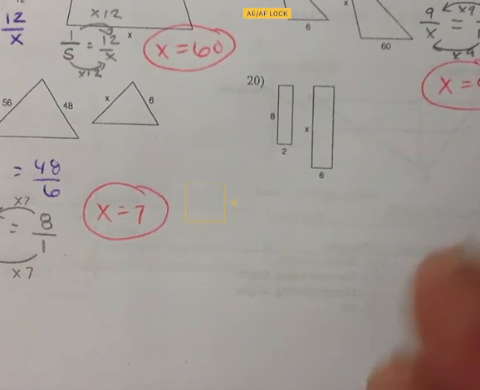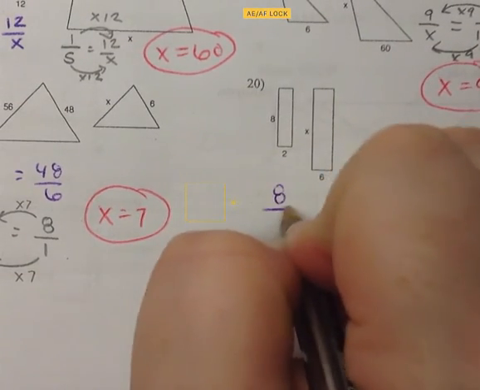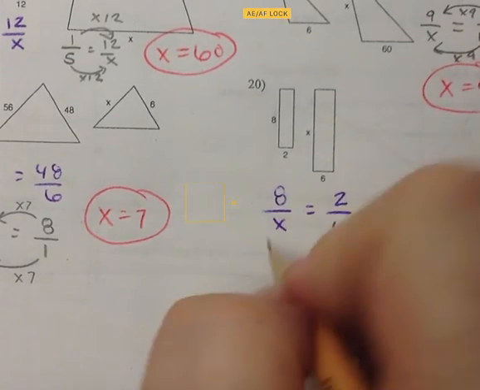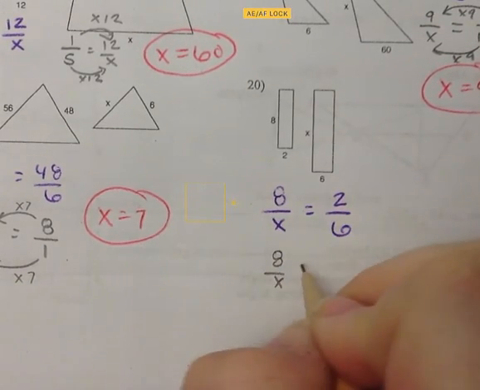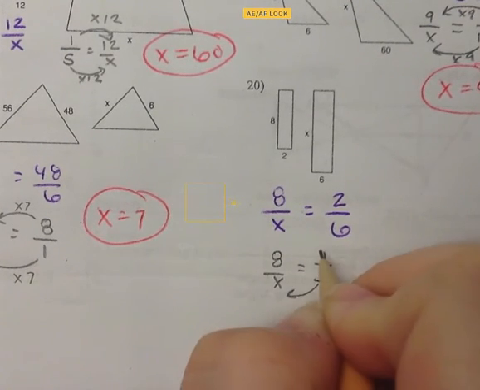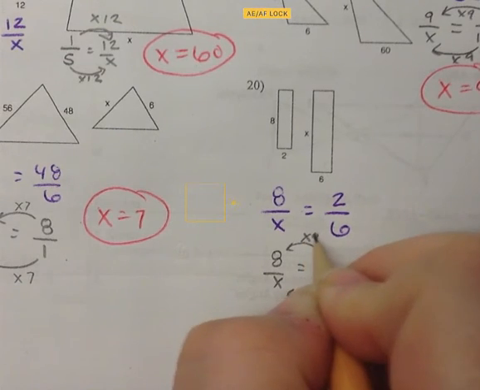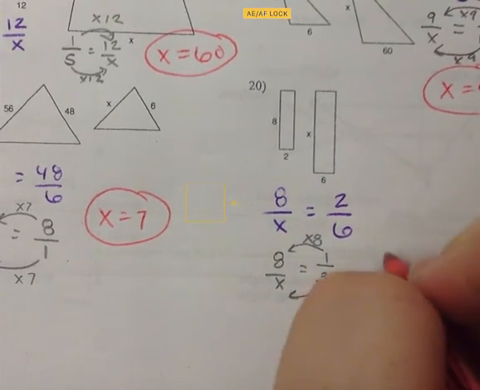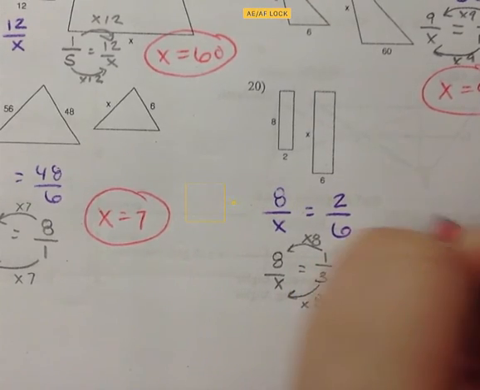And last one on number 20, we have 8 over x is equal to 2 over 6. So we have 8 over x is equal to 2 over 6 is 1 over 3. So we want to go from 3 to x, 1 to 8. We have to multiply by 8, multiply by 8. So 3 times 8 is 24, so x is equal to 24.